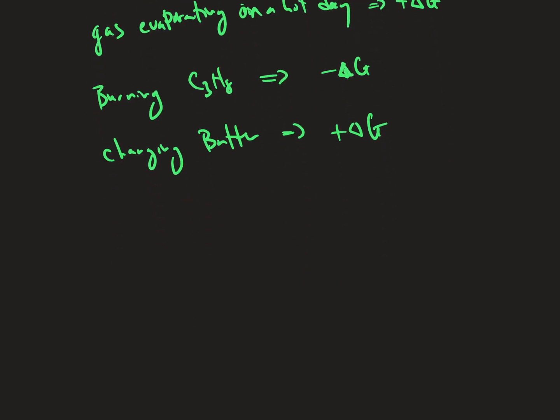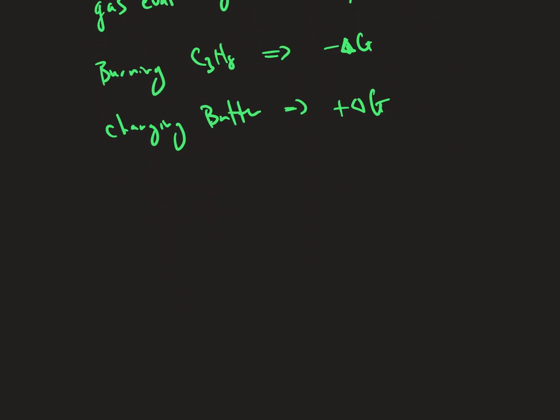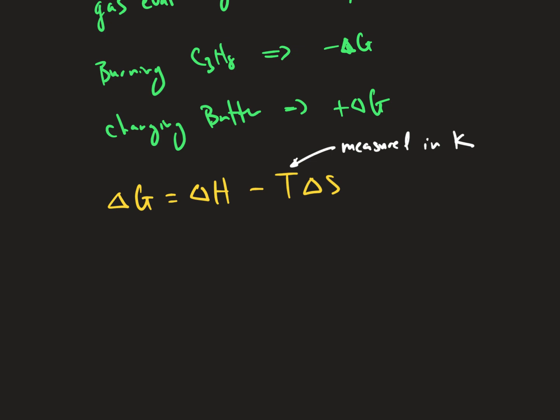So this equation is given to you on your reference sheet, and it is delta G equals delta H minus the temperature times delta S. And this temperature must be measured in Kelvin. You guys remember how to convert Celsius to Kelvin?